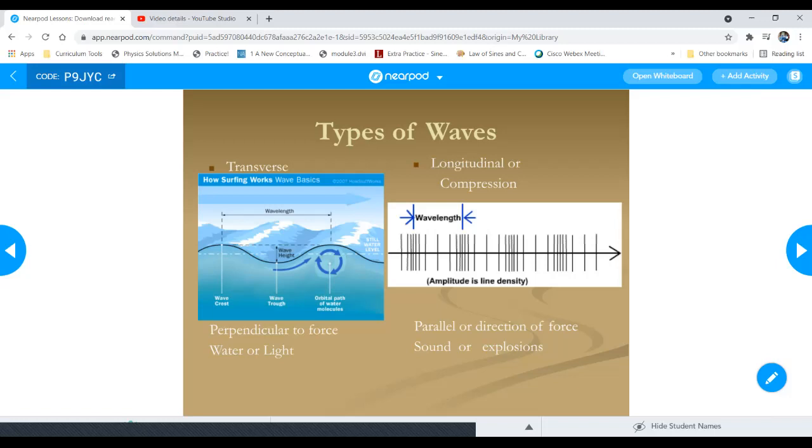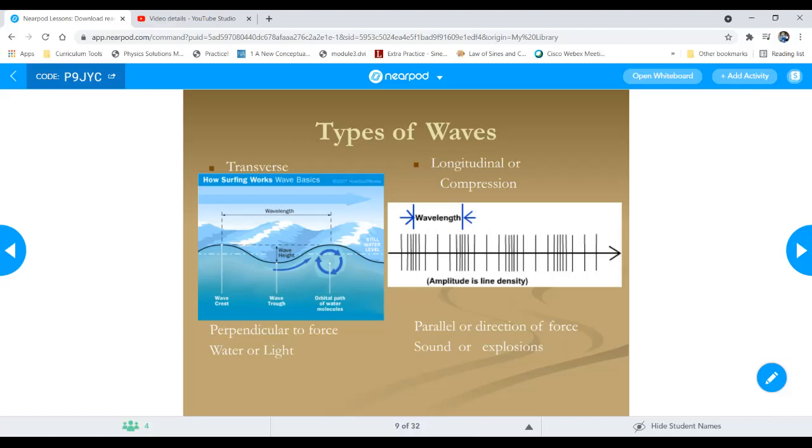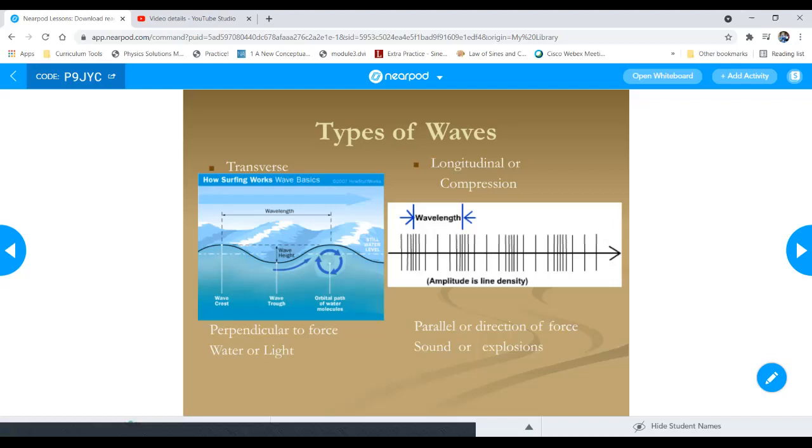One type of wave that we'll work with today is the transverse wave. And it travels perpendicular to the force. So if the force is coming from the left side, the wave is actually going to be traveling up and down. And so water acts that way, but so does a light wave.